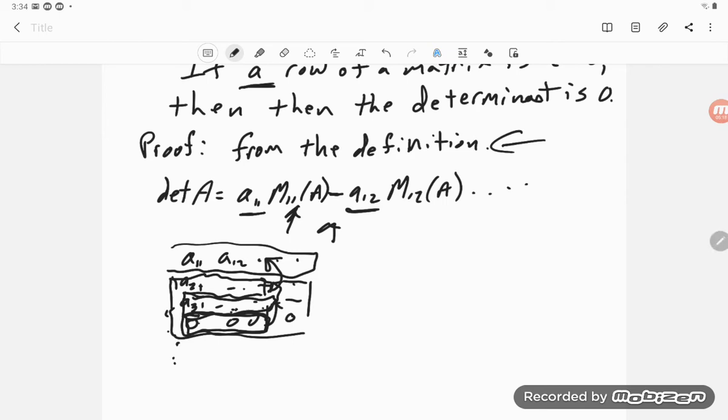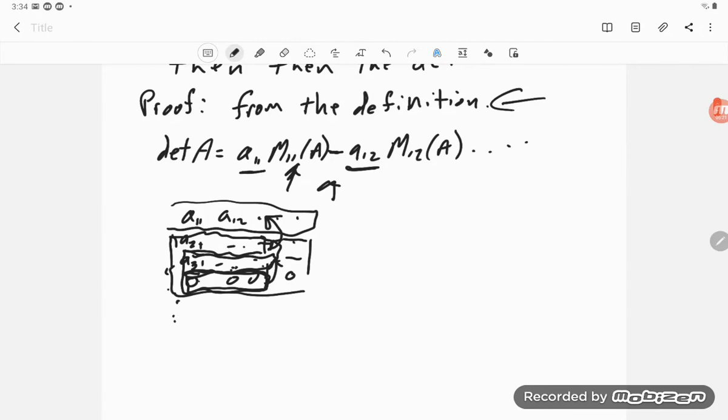You can kind of see why this ought to be the case with the zeros. Certainly, if you put all those zeros in the first row, then it's obvious. Well, if they're in the second row, then all those minors would be zero. If they're in the third row, then all those minors would be zero, and it would just stack up. But again, I don't think it's obvious that if the fourth row here is zero, from the definition, it doesn't just jump out at me that you would get a zero for a determinant.